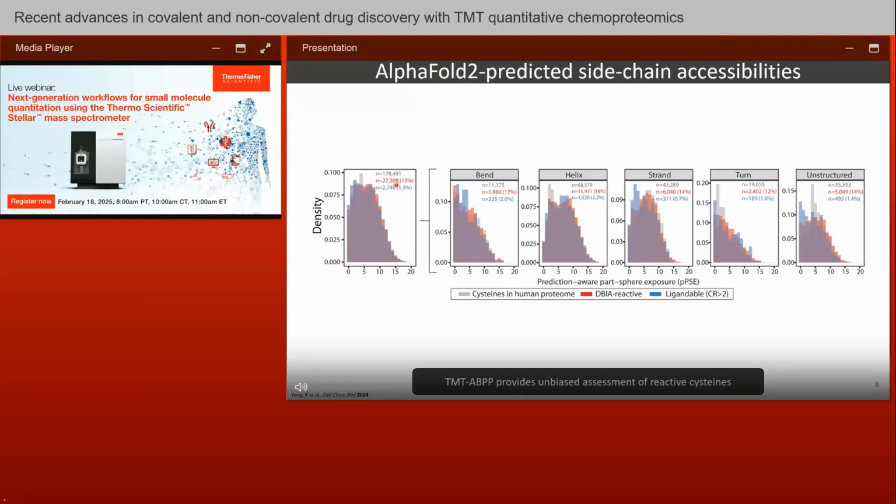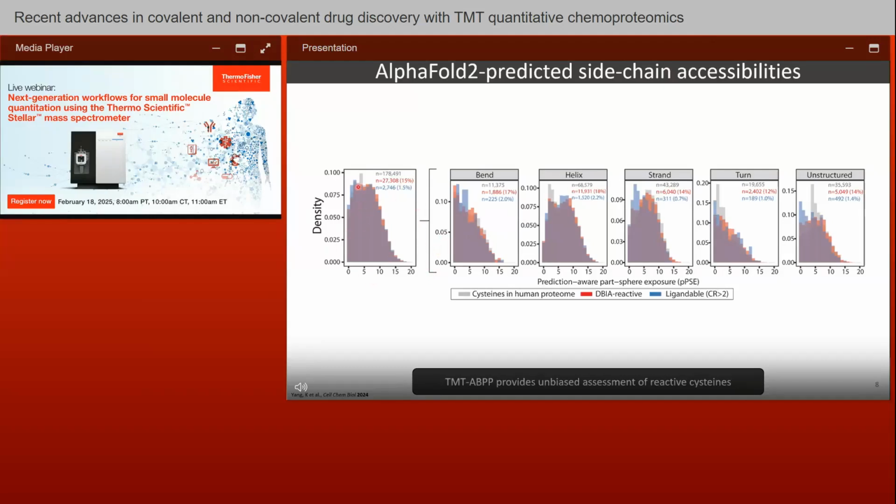So what you are seeing here is the gray histogram represents all the cysteines in the human proteome. We're looking at the PSE score, which represents their accessibility based on AlphaFold2 predicted structure. The higher this PSE score, the less accessible the cysteine is in the protein structure.